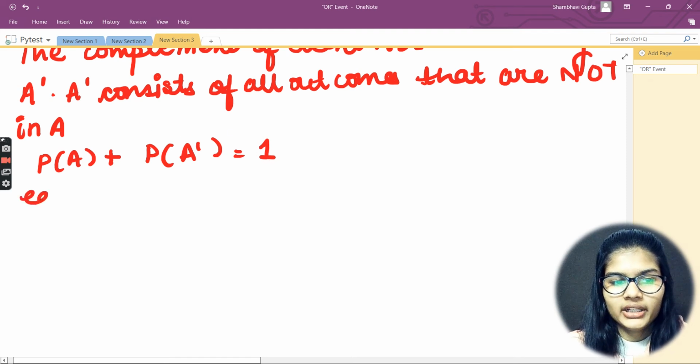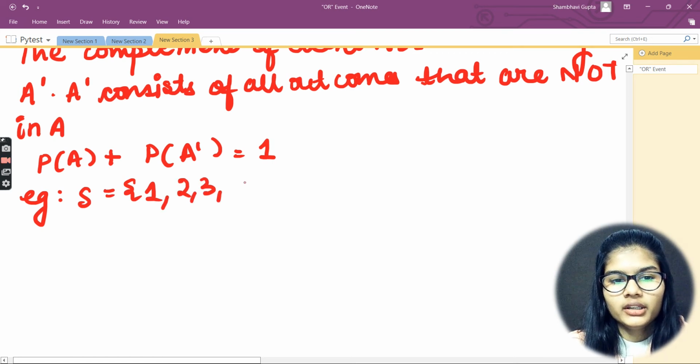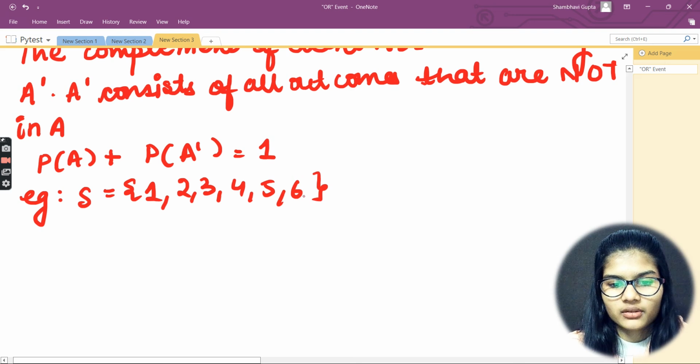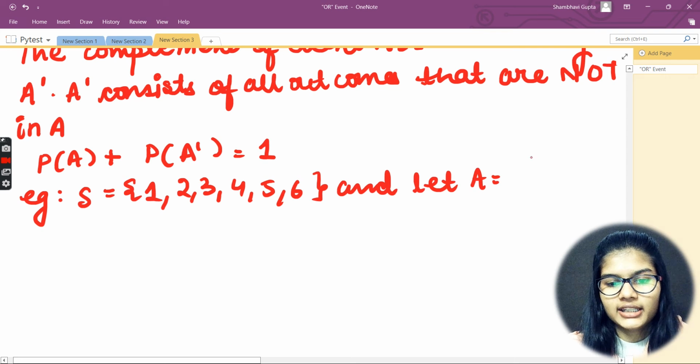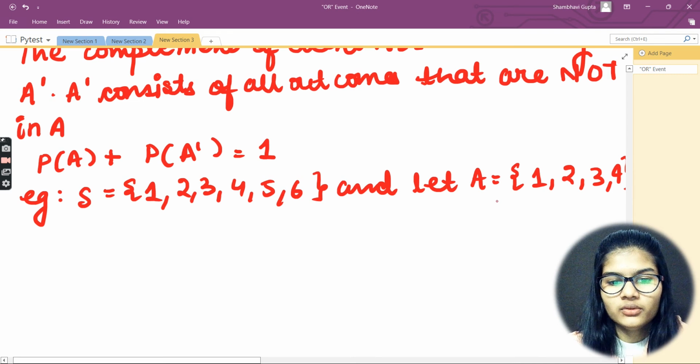Now for my example, let's say I have a sample space of 1, 2, 3, 4, 5 and 6. Let A be equal to 1, 2, 3 and then 4.